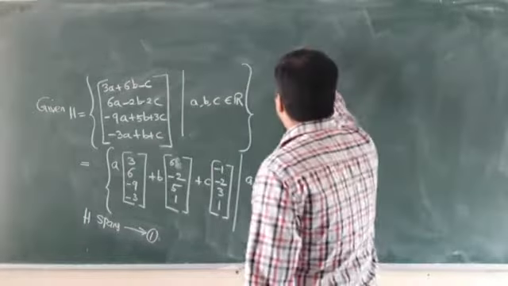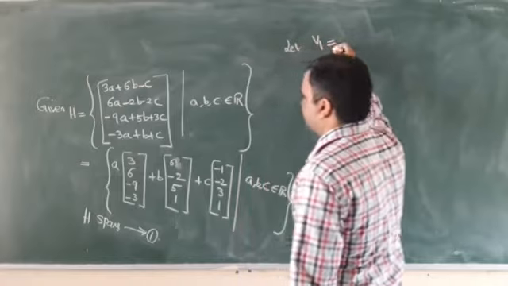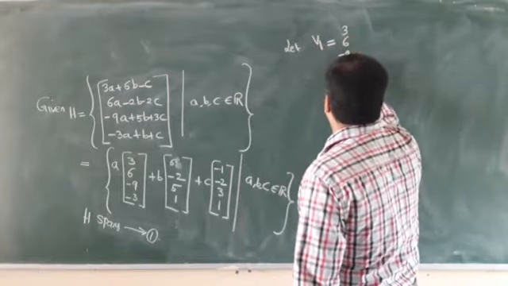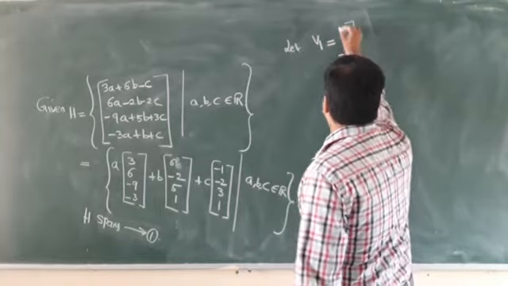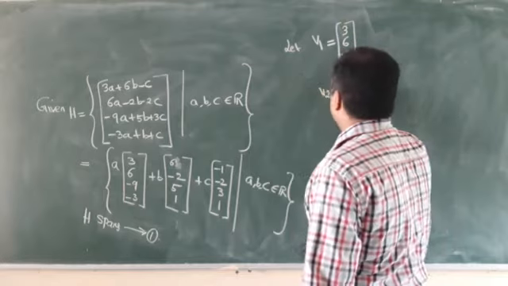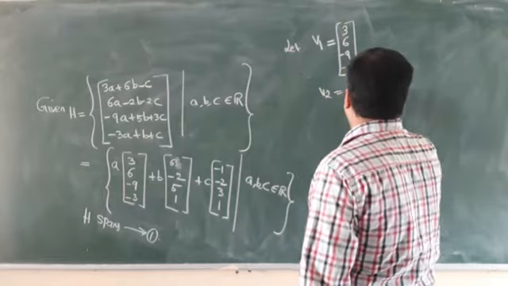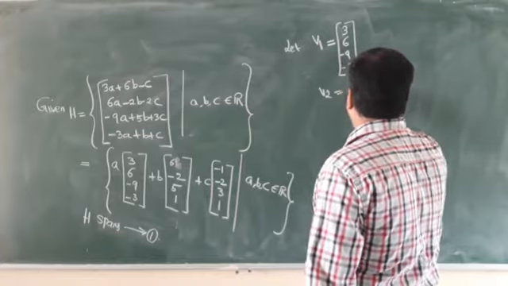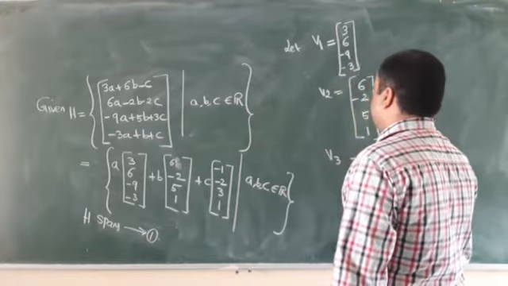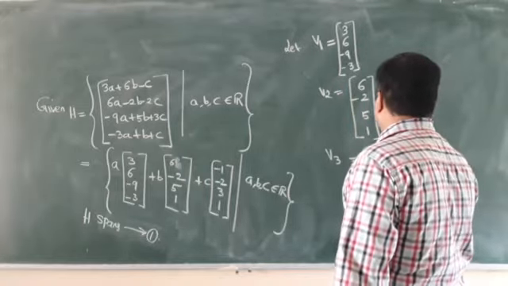Let V1 equal to 3, 6, minus 9, minus 3. V2 equal to 6, minus 2, 5, 1. V3 equal to minus 1, minus 2, 3, 1.